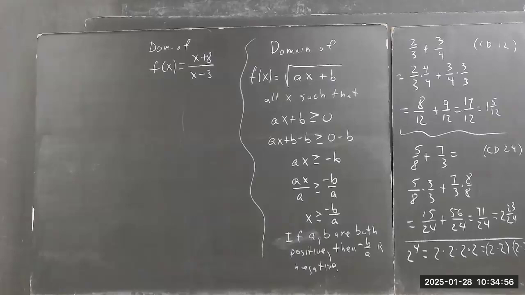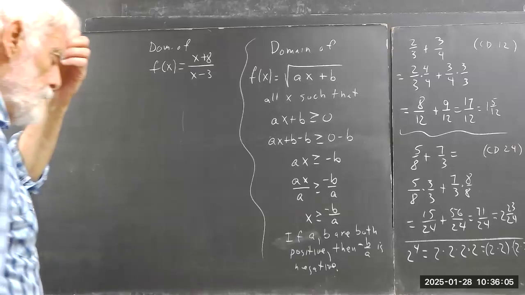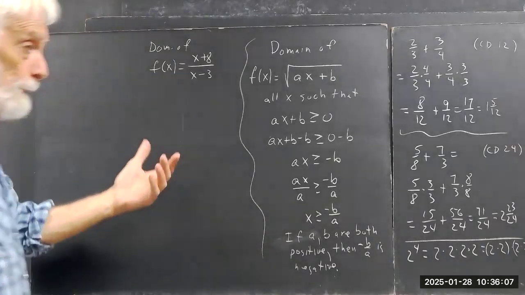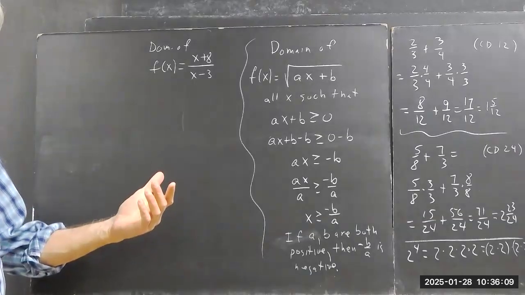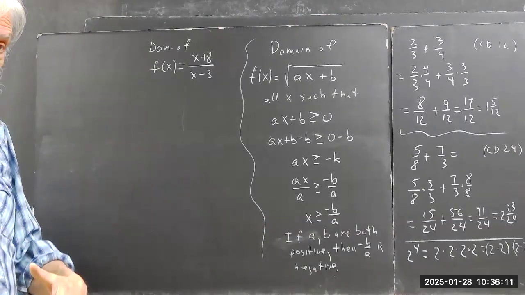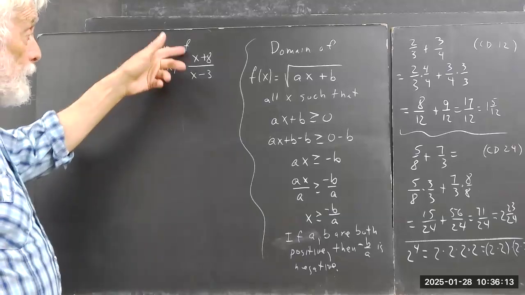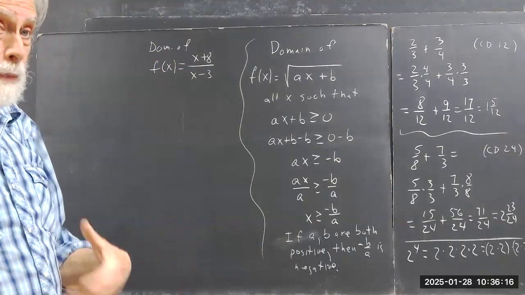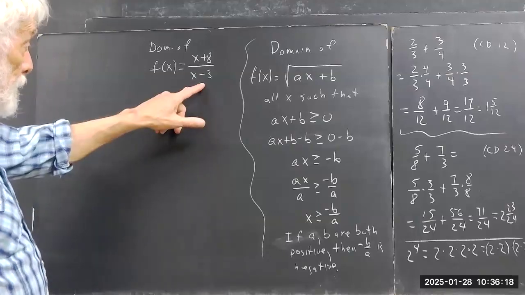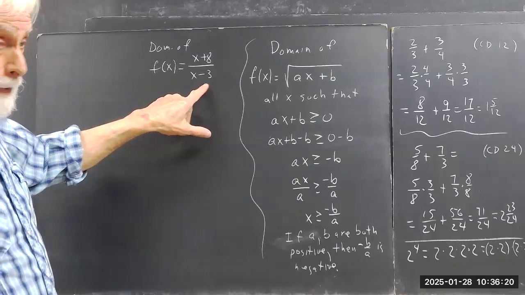What numbers could you not use here? Okay, so as I said, your domain is restricted. You can't divide by 0. Can't take the square root of a negative. There are no square roots, so you don't have to worry about that. But you might have to worry about dividing by 0 because you got a denominator here, right?